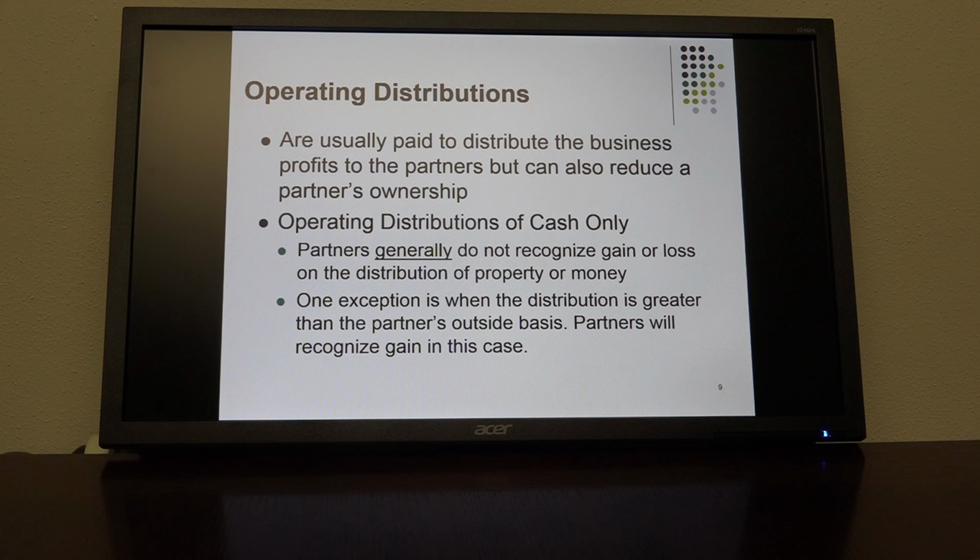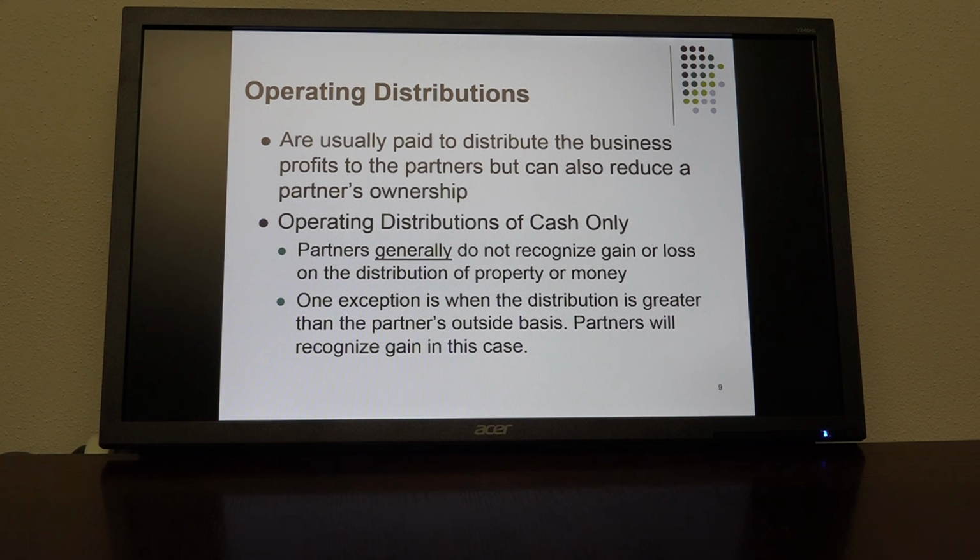Now, you have to distinguish between, just like we saw before, operating distributions that are of cash only versus operating distributions that are of cash and maybe other types of property, including hot assets.